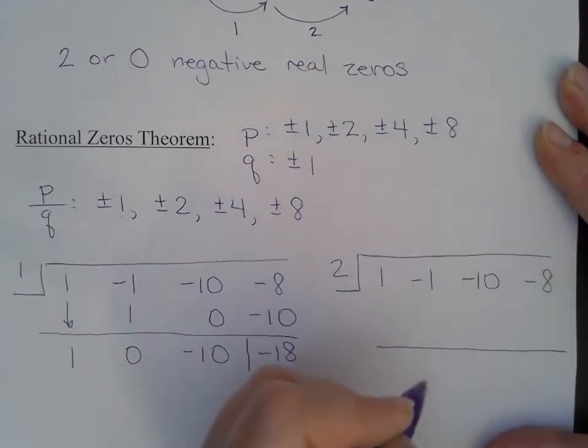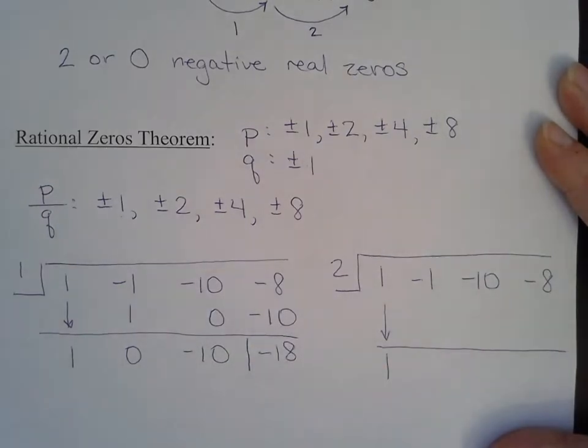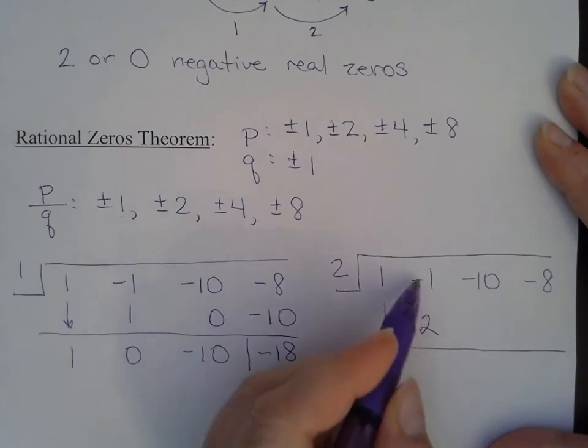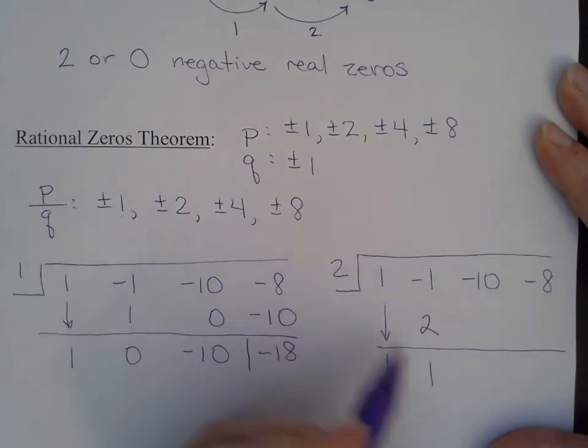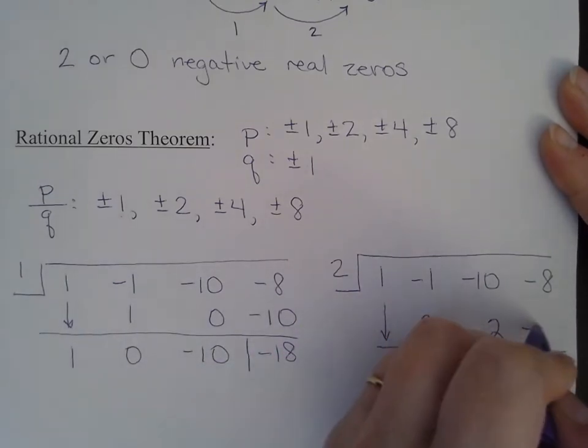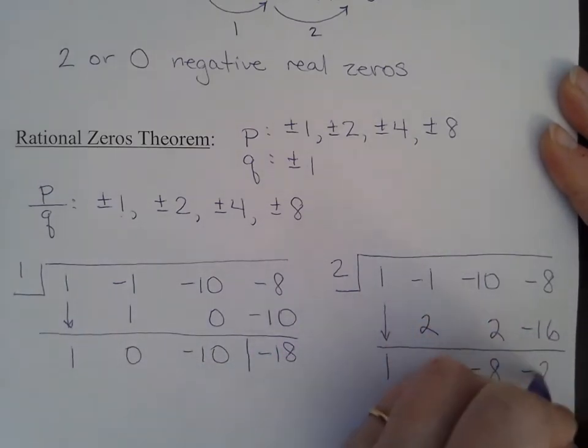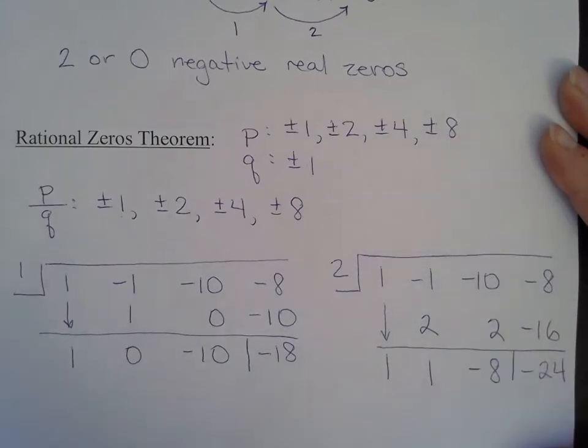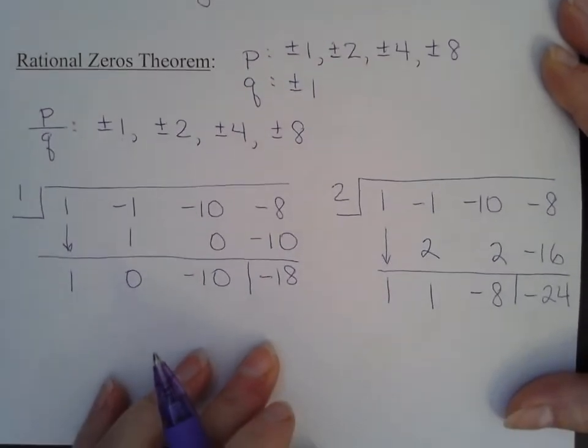As you practice this, it'll come faster to you. 2 times 1 is 2. We add down. 2 times 1 again is 2. 2 times negative 8. All right, so far, not a zero yet. Let's try 4.